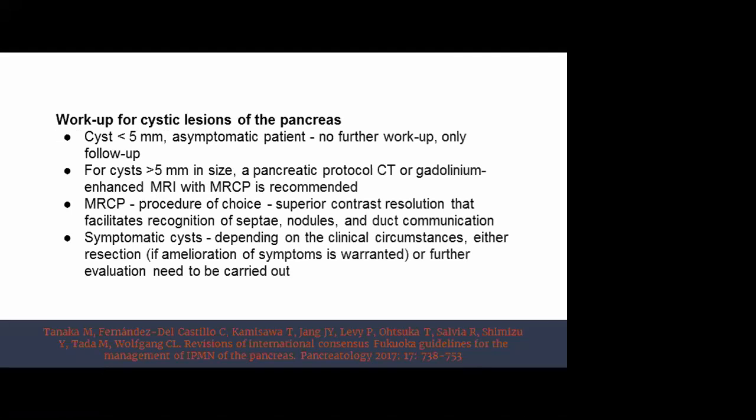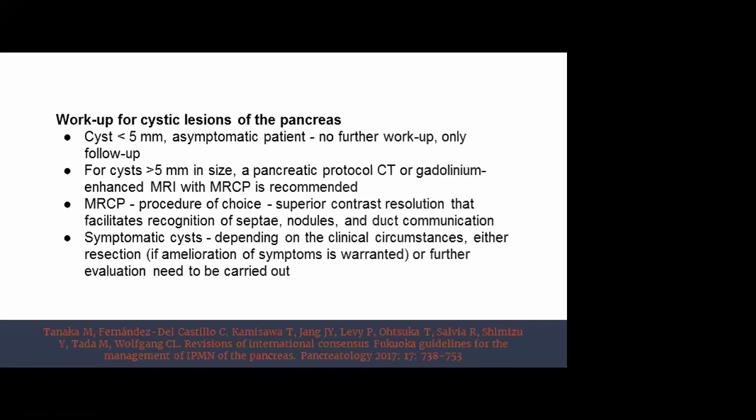Coming to the other components of these guidelines, they have proposed the guidelines for workup of cystic lesions of the pancreas, and they said that any cyst that is less than 5 millimeters in an asymptomatic patient needs no further workup, only follow-up is sufficient. But if the cyst is more than 5 mm in size, then a pancreatic protocol CT or a gadolinium enhanced MRI with MRCP is recommended.